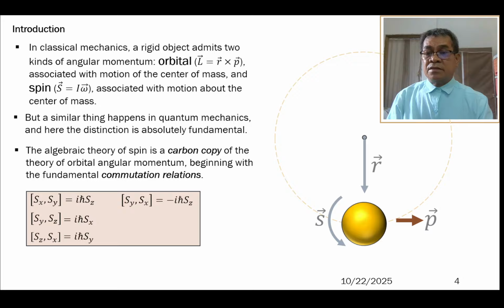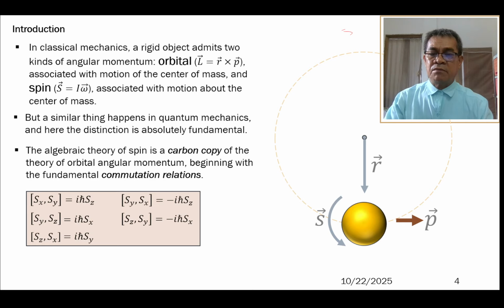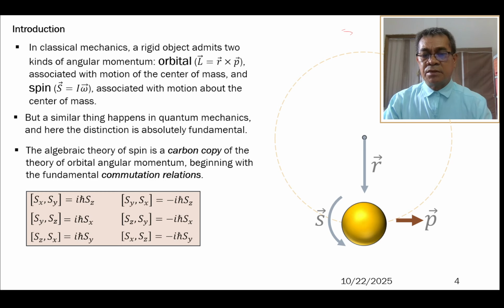If we reverse it, then we can notice that we have the negative value. If we reverse x, y, and have yx, and also zx and zy, we have the negative ħ Sx. And also for the commutator of Sx and Sz, we have negative i ħ Sy.